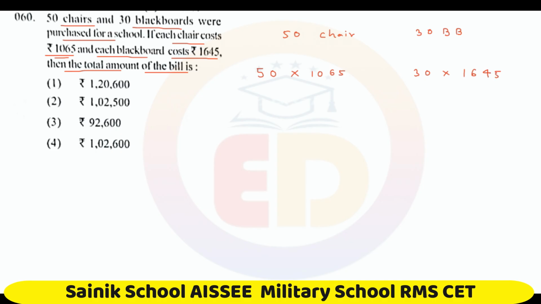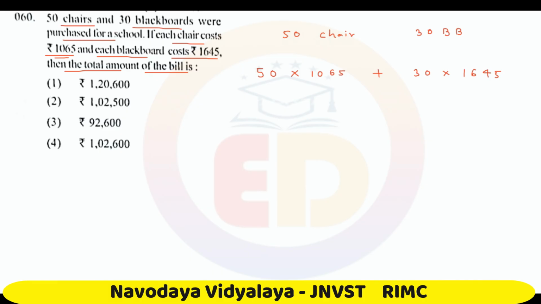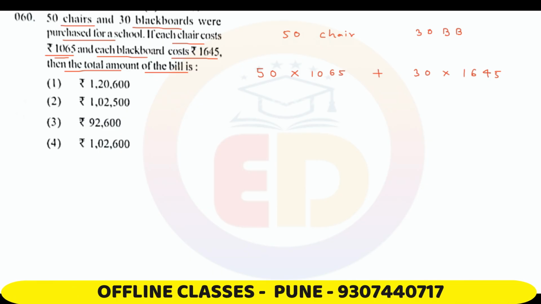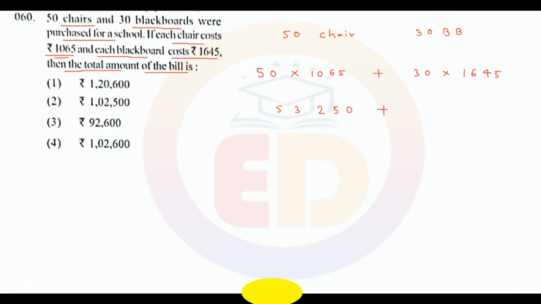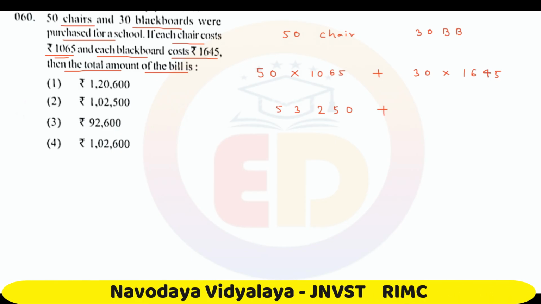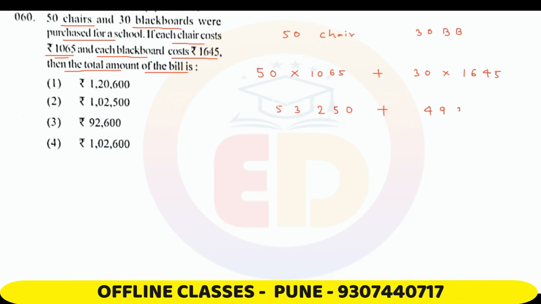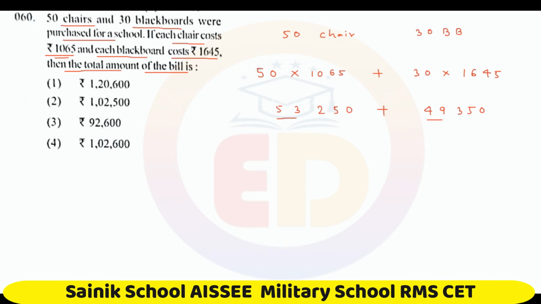We can find out the total cost of 50 chairs and 30 blackboards, and then we can add them. 50 multiplied by 1065 is 53,250 plus 30 multiplied by 1645. This will be 49,350. Now if you add 53 and 49, we are somewhere close to 1,02,000.